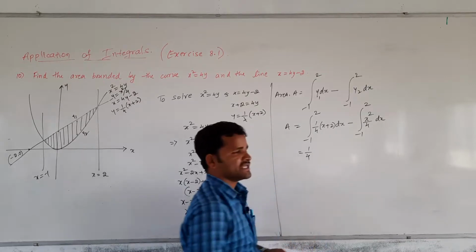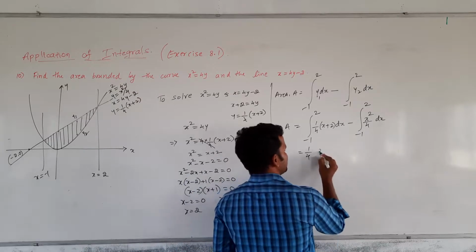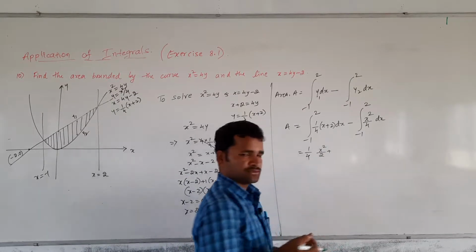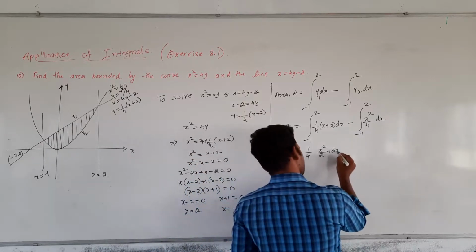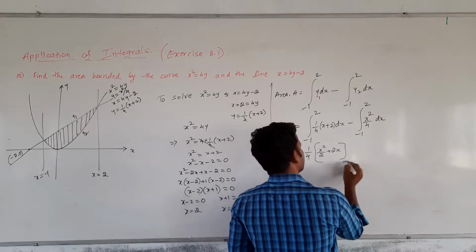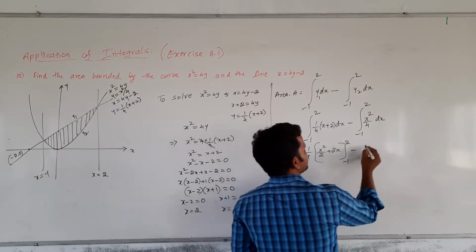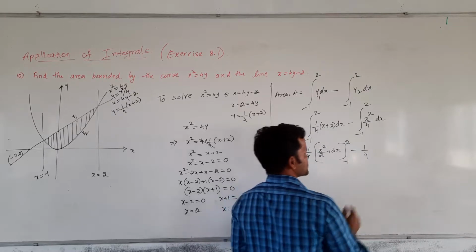Now what? Integration of x plus 2. What is integration of x plus 2? X plus 2 integration is x square by 2 and 2 is constant, integration of 1 with respect to x, that is 2x, from minus 1 to 2, minus of, here this 1 by 4 will be constant multiple, as it is integration of x square.